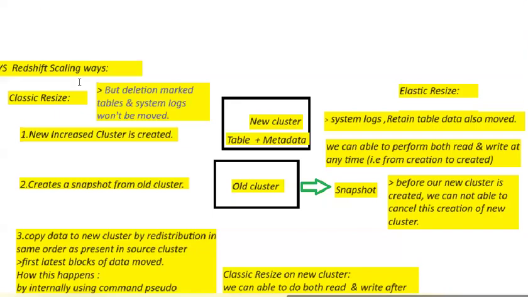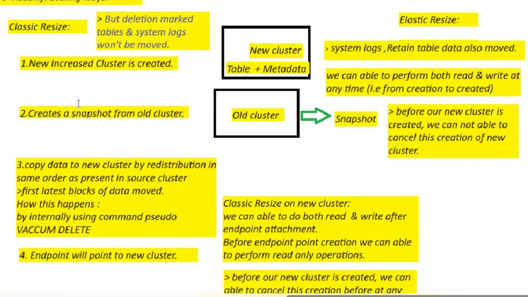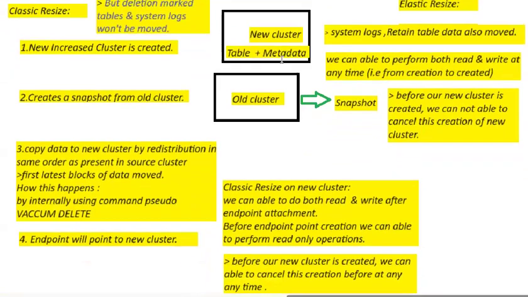But if you choose classic resize, first it will create a new cluster on a temporary basis, and then it will migrate your tables and metadata to this new cluster. After moving the whole data only, it assumes this as permanent.